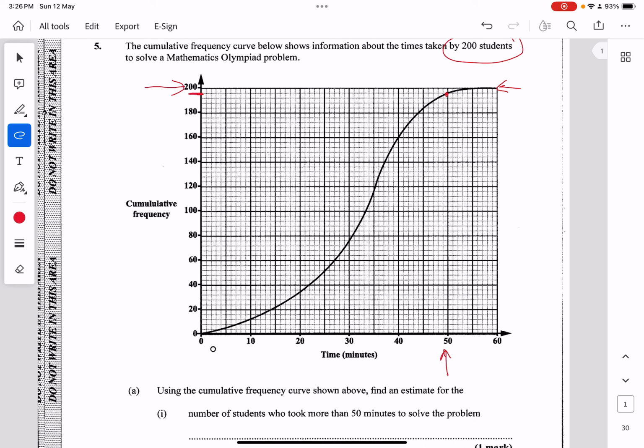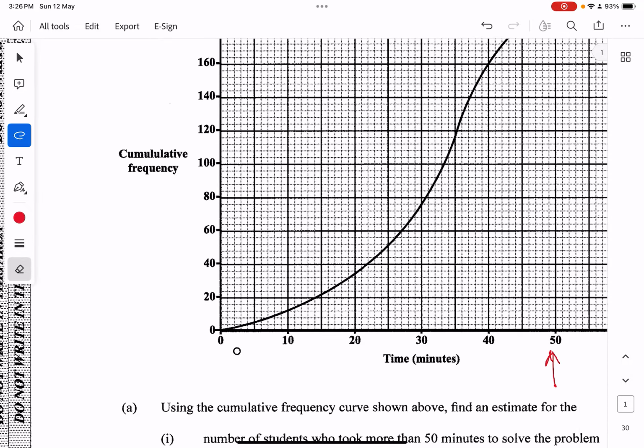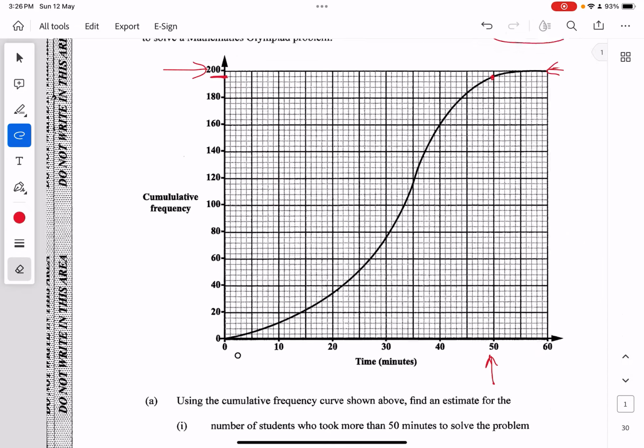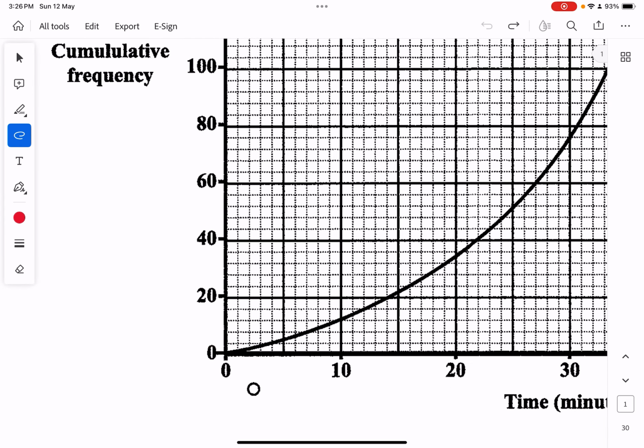And if we look at our scale, we have that 1 cm represents 20 units. So therefore, each one of these smaller lines here is going to represent 4 units. So that's 4, 8, 12, 16, and 20.